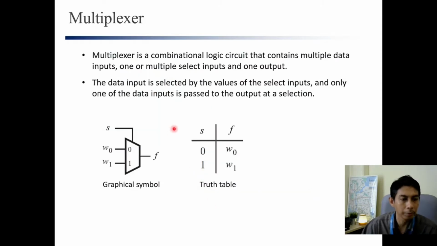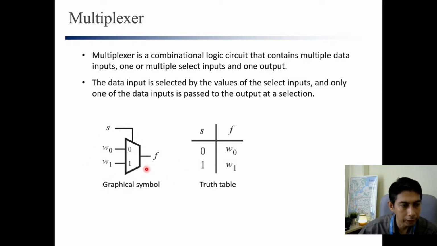Right, now we go to the multiplexer. This is the graphical symbol of the multiplexer. We learned the multiplexer before in chapter 2, and you may also have been introduced to it in your previous course, maybe in digital electronics.